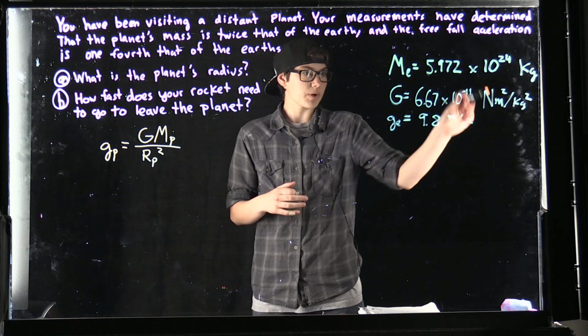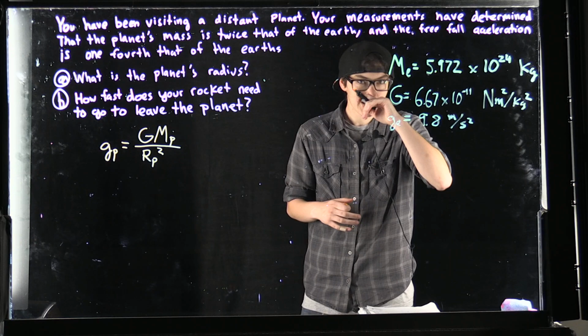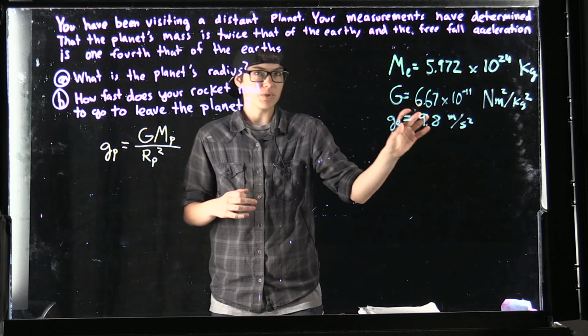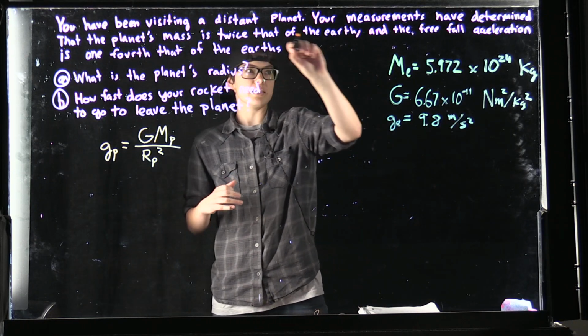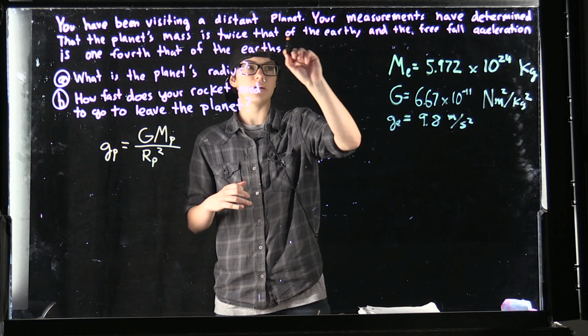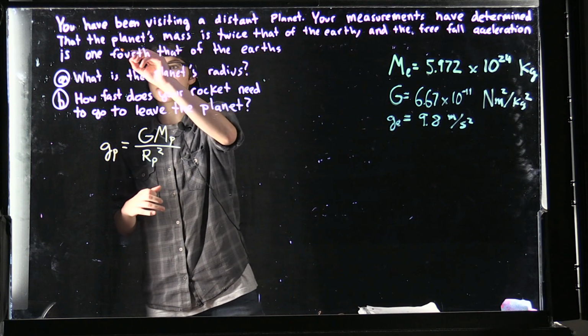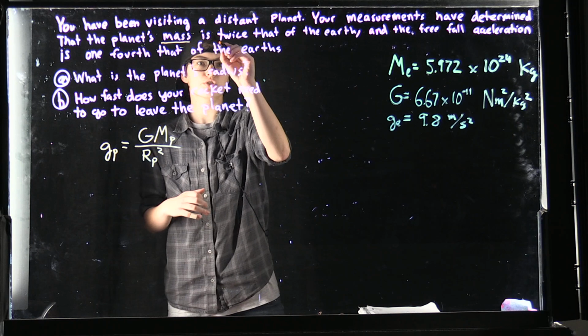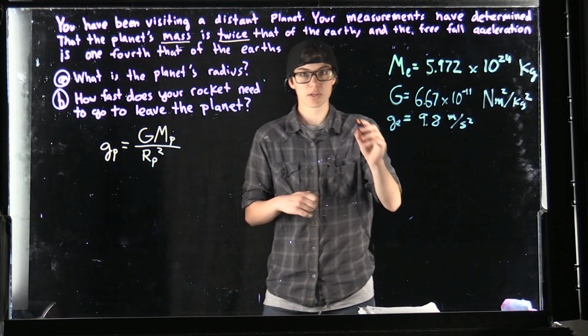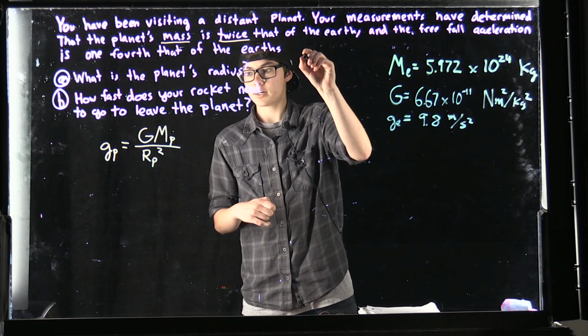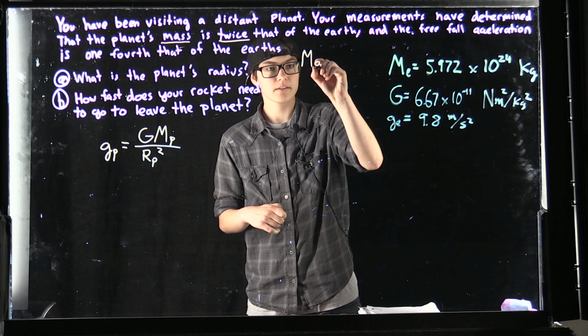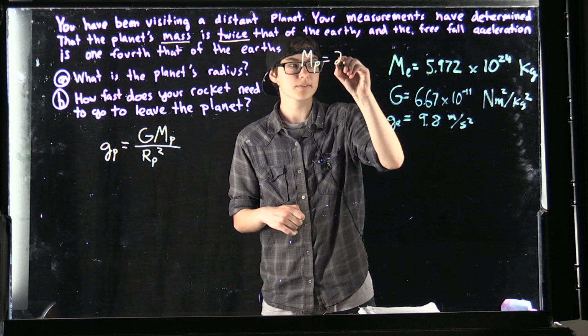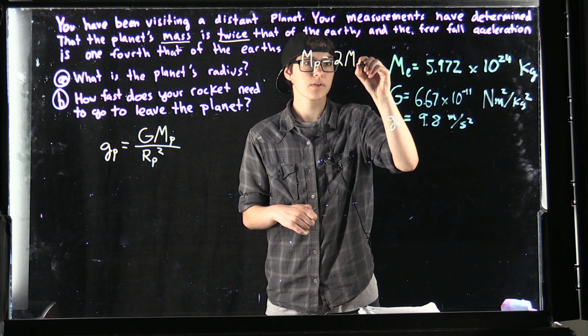So from these numbers, which can be retrieved off of Google, we can say that since the planet's mass is twice that of the Earth, the mass of our planet is equal to twice the mass of our Earth.